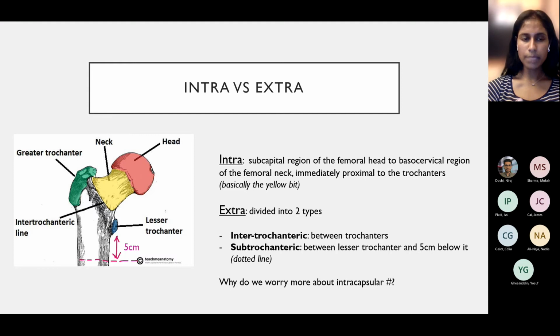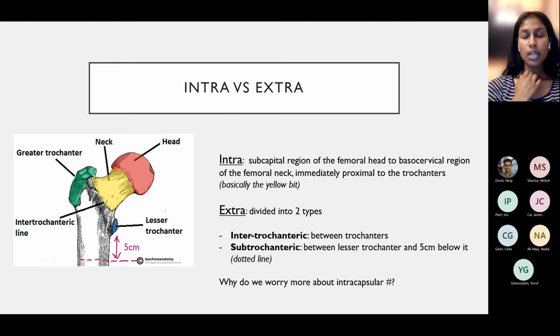That's like a lot of words, but if you literally just remember this diagram and think of this yellow as being intra, and remember that everything below this yellow counts as extracapsular, and that extracapsular can then be split into 2 specific terms, which is intertrochanteric and subtrochanteric, then it's nice and simple. I hope that makes sense. Just remember this diagram, to be honest, and you can't go wrong.